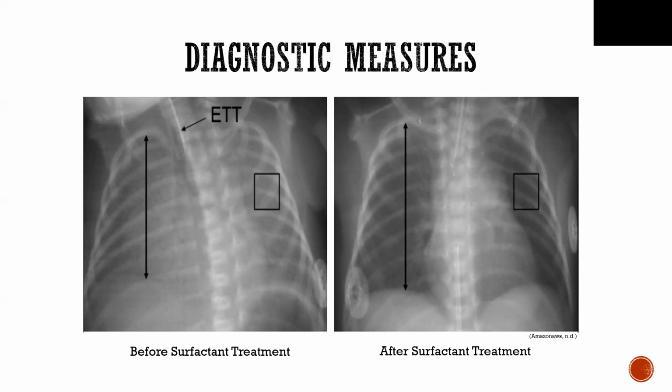The image on the right, on the other hand, was taken after surfactant treatment was implemented, and it demonstrates a darker image with visibility of the heart as well and other vital organs. So this shows that there's oxygen actually being perfused and the surfactant is actually working.